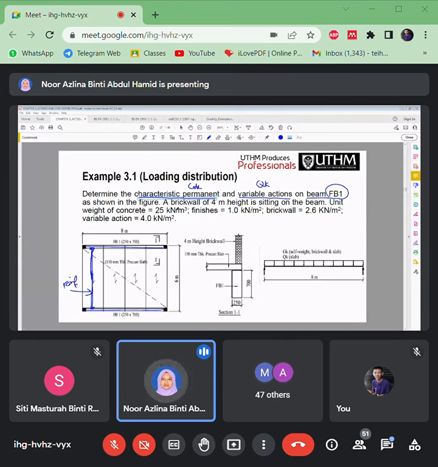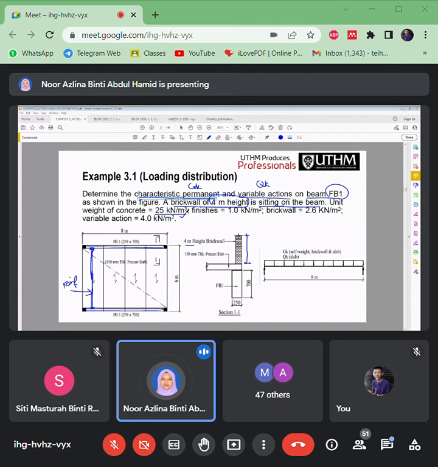Okay, it give a data for the brick wall here with 4 meter height. So tinggi brick ni adalah 4 meter. Is sitting on the beam. That means this brick will be applied its load to the beam. This beam will carry the load from the brick wall. Unit weight of concrete 25.